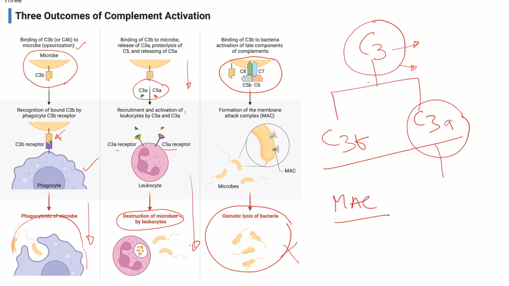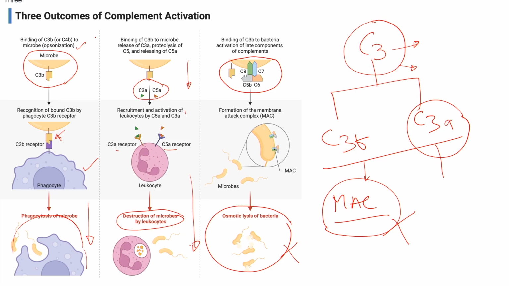And finally, once all these pathways are activated, it leads to the production of a membrane attack complex on the surface of our microbes, which can kill the microbes in a very specific way, through osmotic lysis. The other two outcomes of complement are listed here.